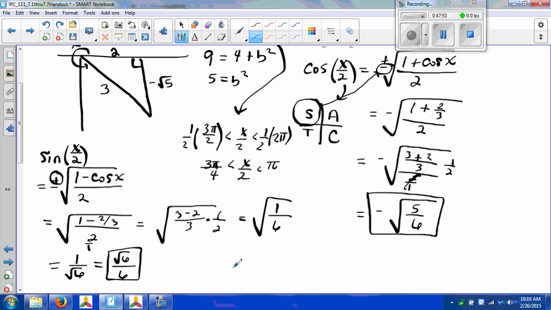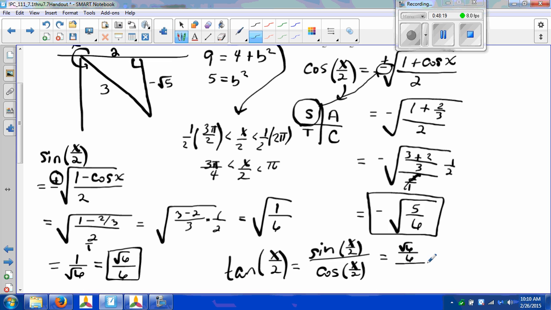All right, and then finally I need the tangent of x over 2. Well, that one is easier than using a formula even, because I just am going to do the sine of x over 2 over the cosine of x over 2. And that gives me root 6 over 6 over, now I'm actually going to rationalize this one so that I can easily simplify it.